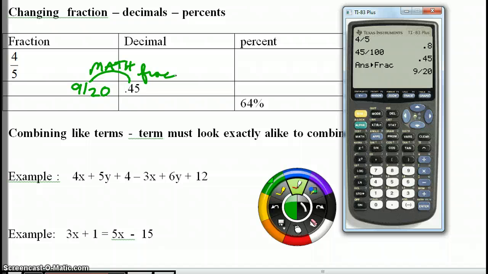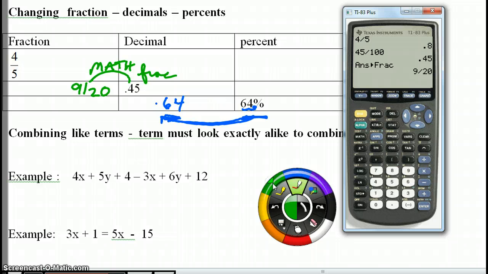Okay. So if I was given a percent and I want to change it to a decimal, this time I want to move 2 places to the left. So I don't know if you guys see the decimal, but the decimal always goes behind the number. So if I go 2 places to the left, I get 0.64.